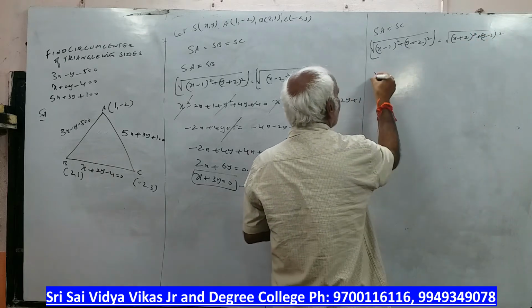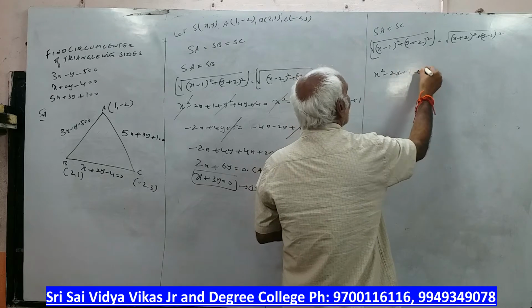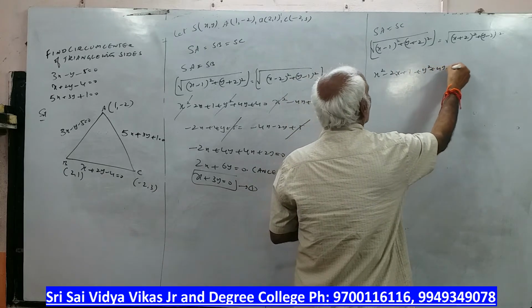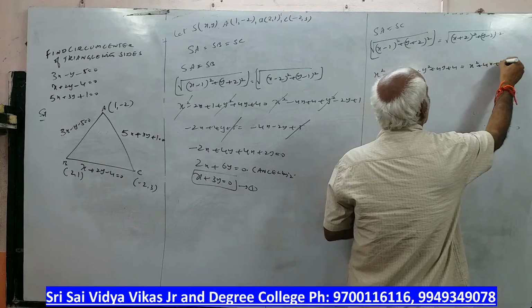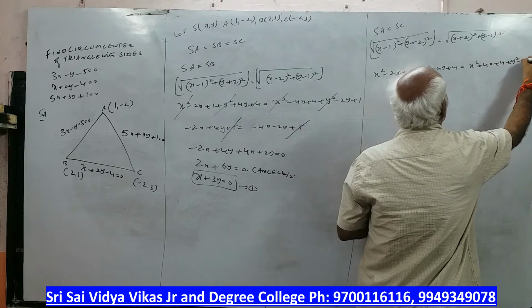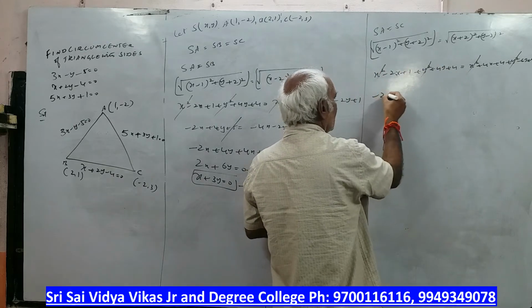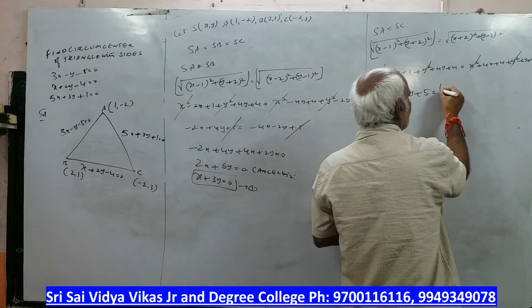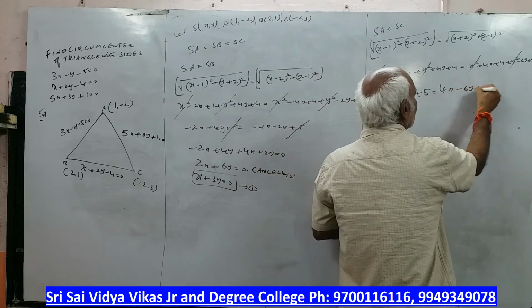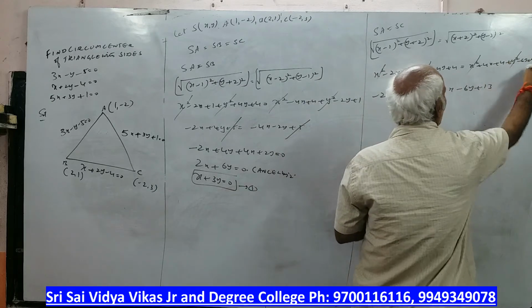Square roots will get cancelled. x square minus 2x plus 1 plus y square plus 4y plus 4 is equal to x square plus 4x plus 4 plus y square minus 6y plus 9. So x square and y square cancel, minus 2x plus 4y plus 5 is equal to 4x minus 6y plus 13. Okay, 4x minus 6y, 4 plus 9, 13.